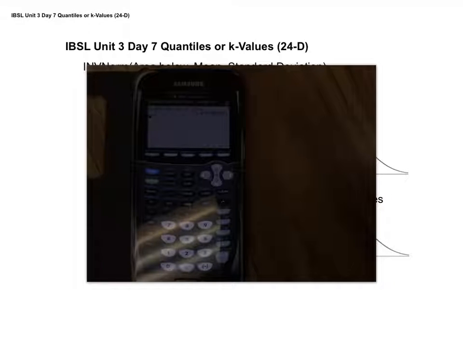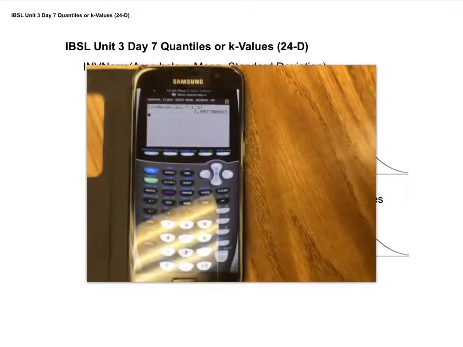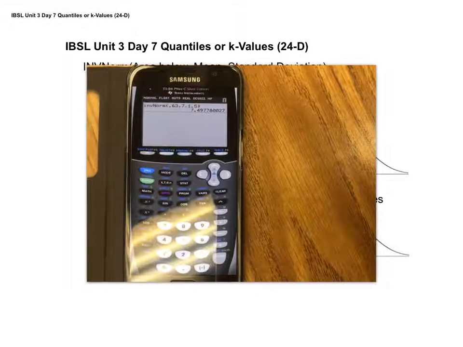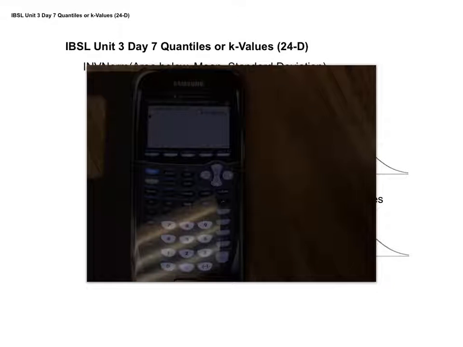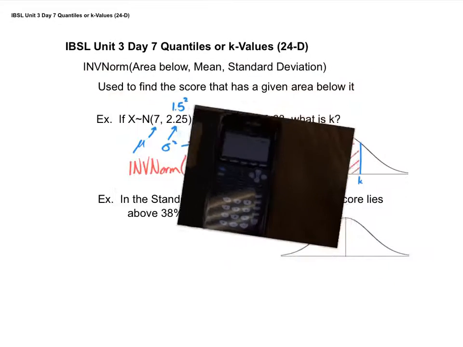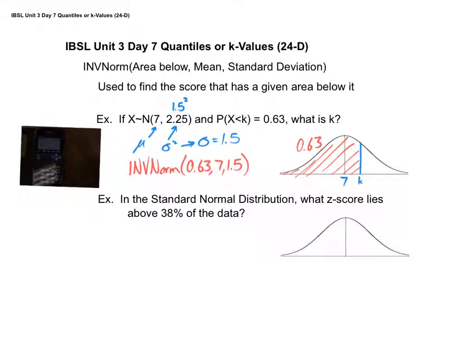Okay, you'll type it in like that, hit enter, and we get here 7.49778. Alright, so let's set that aside here.